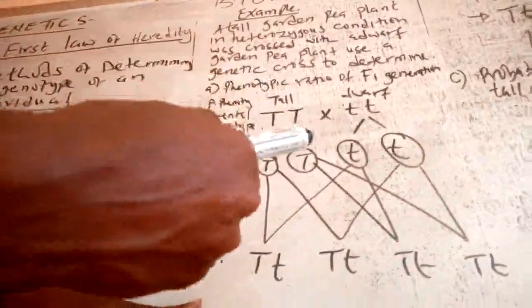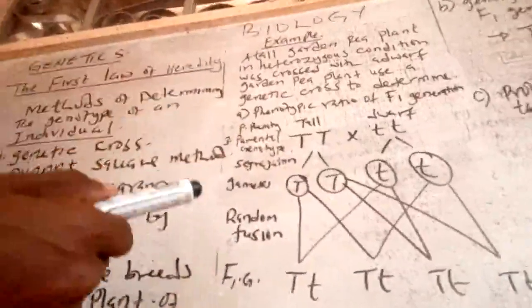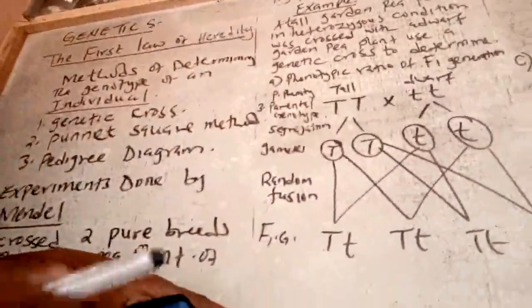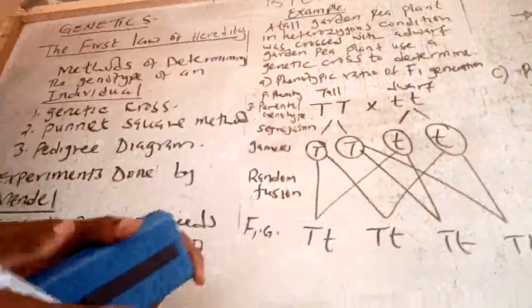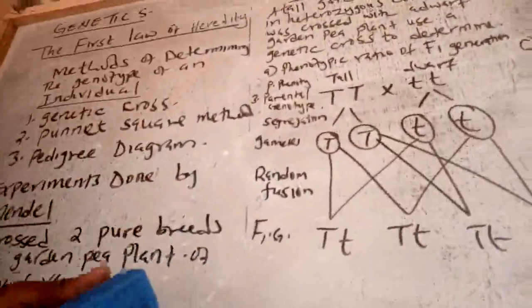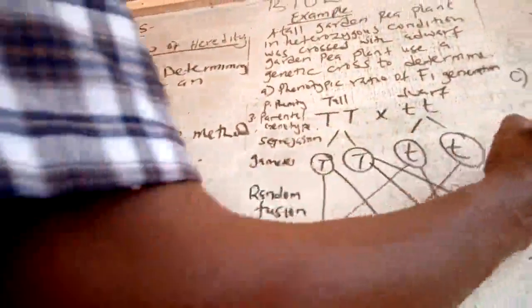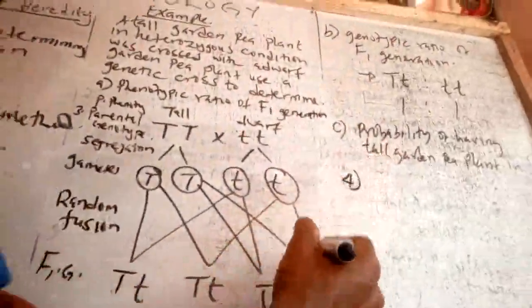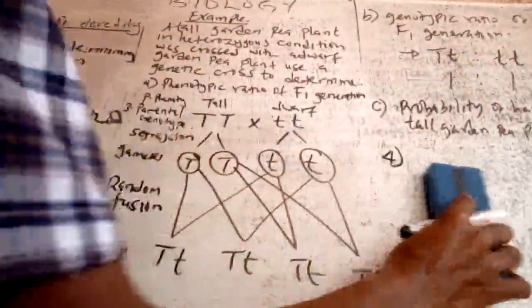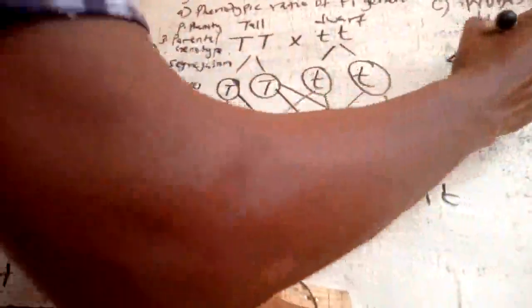He did what we refer to as self pollination, that is, in test number 4, he did selfing.